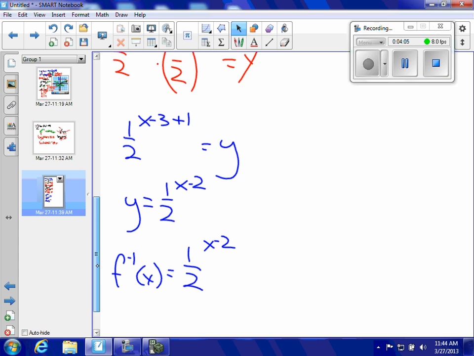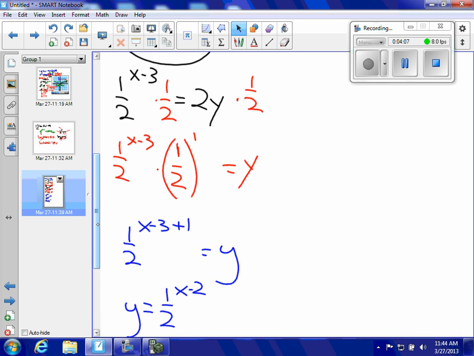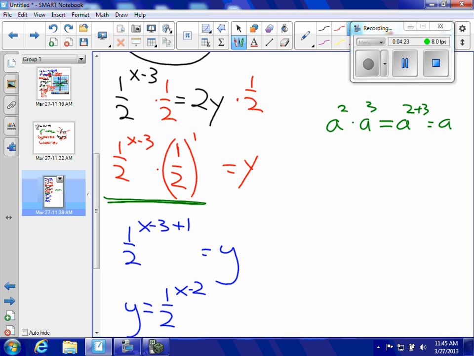Now, a common mistake happens right at this step right here. Remember, a to the second times a to the third, because I have the same base, is equal to a to the 2 plus 3 equals a to the 5th. It does not equal a squared to the 2 plus 3.